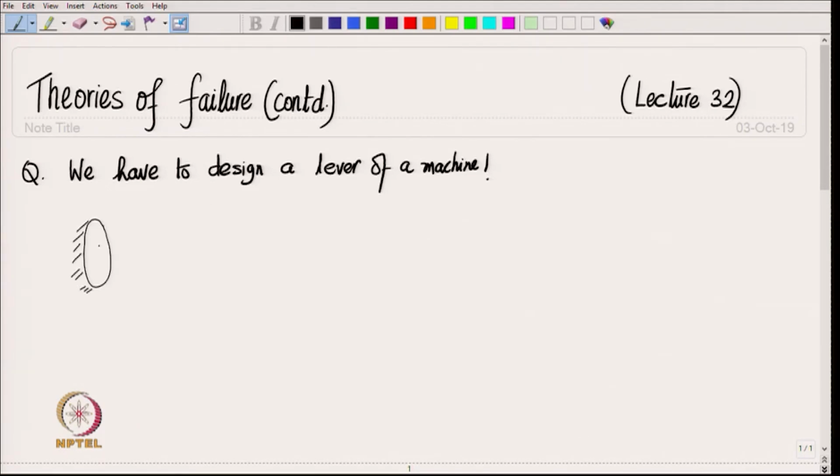So, it has got a shaft, and then this has got an arm here, all right. So, this is the handle which is used to grip through our hands, okay, and we apply force to this handle, all right.